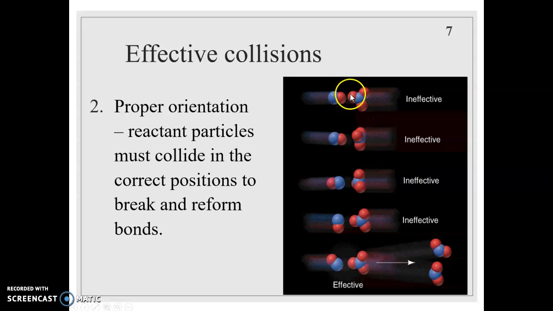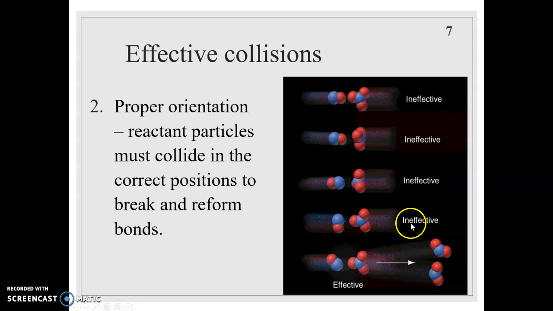So if red and red hit each other, that doesn't work. If the red hits the blue in the middle, that doesn't work. If the blue hits the blue in the middle, that doesn't work. And then even if they're turned at kind of the wrong angle here, maybe you can think back to, maybe there's a lone pair out here that has to hit that so that it can bond, kind of like a Lewis acid-base interaction or something like that.